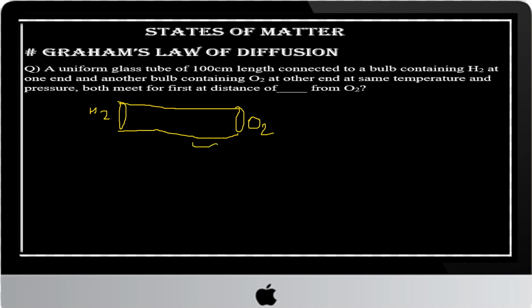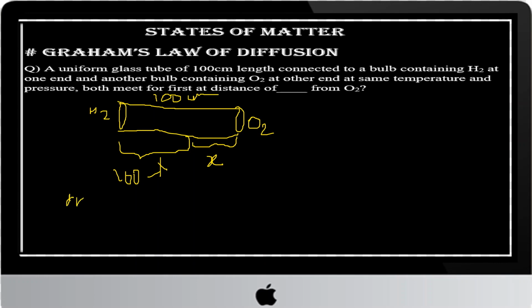Let it be here, and that be x. However, it's 100 centimeters they have given, so this becomes 100 minus x. Here you should find the distance from hydrogen to oxygen.